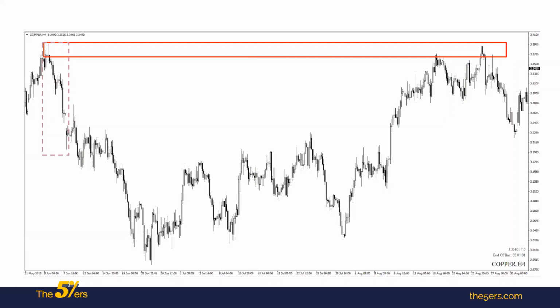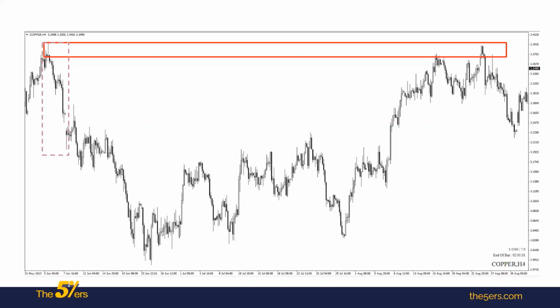Okay? So why did I draw here a rectangle? That will help us to actually manage risk, because we have the decision point, but we also have here another significant high. What is that significant high in terms of supply and demand?